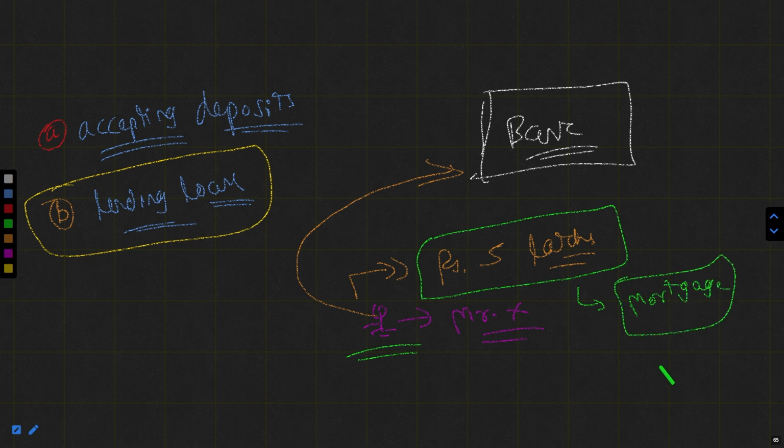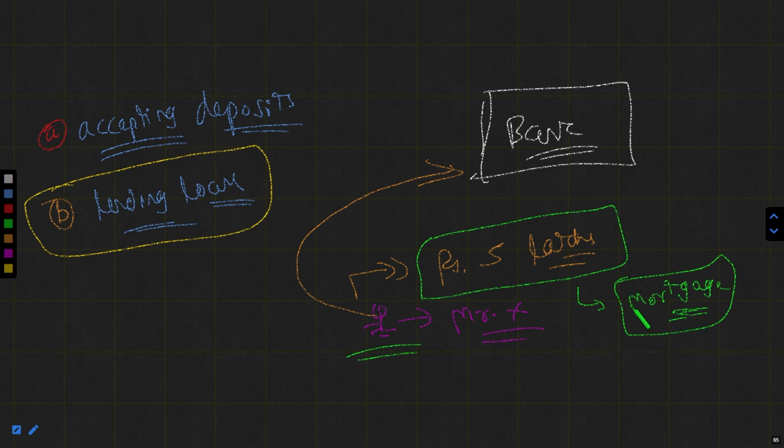It could be any artifact or any land deposited with the bank as a mortgage, and this mortgage should be equivalent in value to the loan granted. If you are asking for a 5 lakh loan, then this mortgage must be valued at 5 lakh.